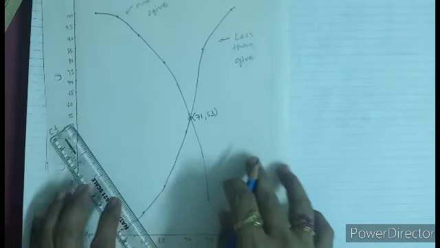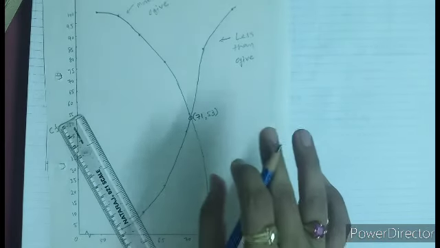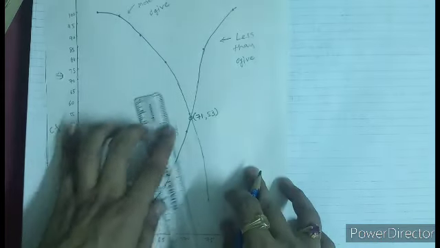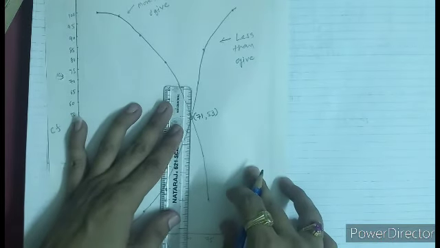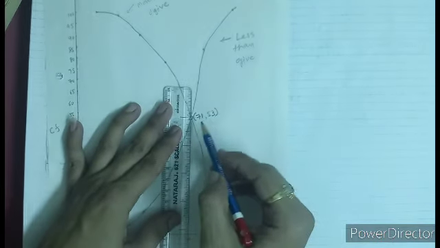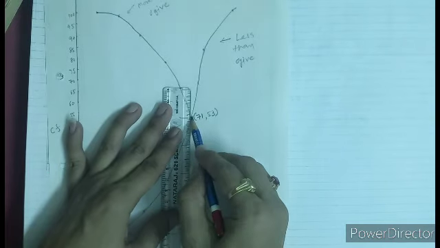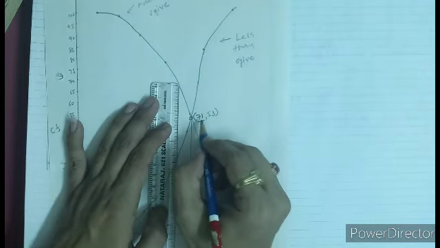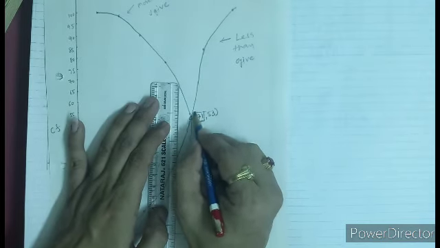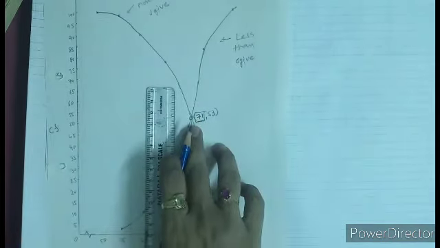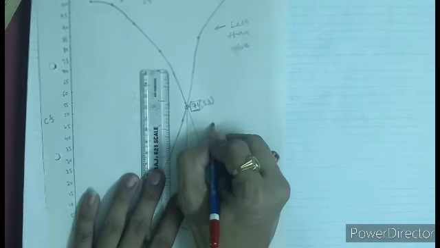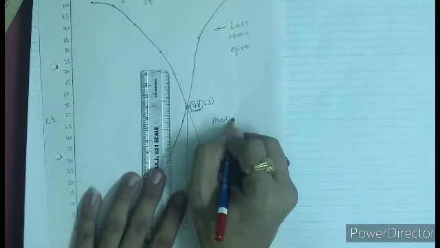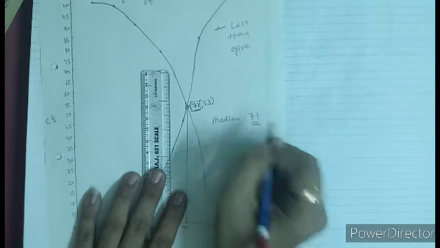Now from this intersecting point we can obtain the approximate median value. From this intersecting point we will draw a line perpendicular to x-axis, and the point we obtain, which is approximately 71, the x coordinate of the intersecting point, is the median. So here median is approximately 71.